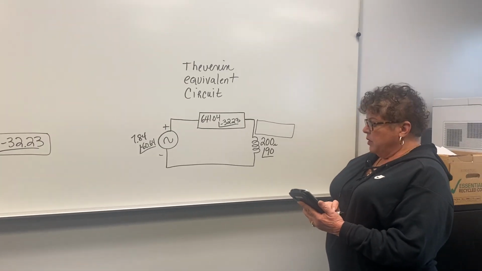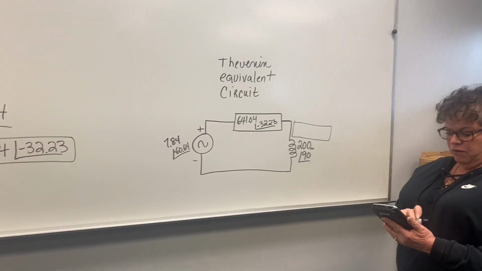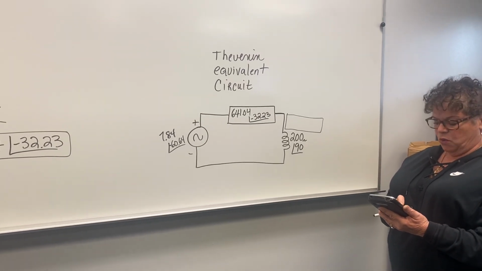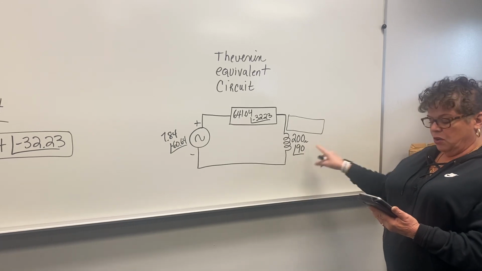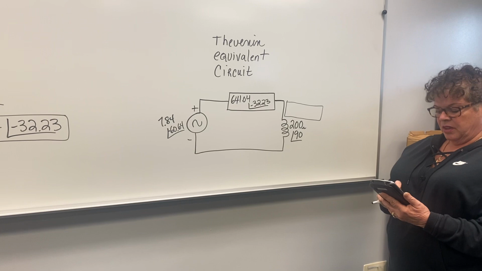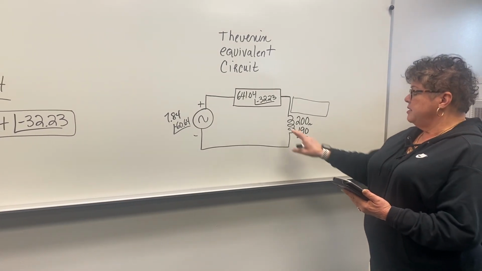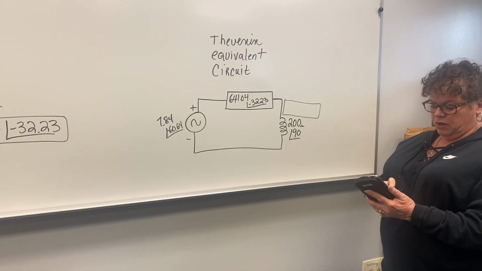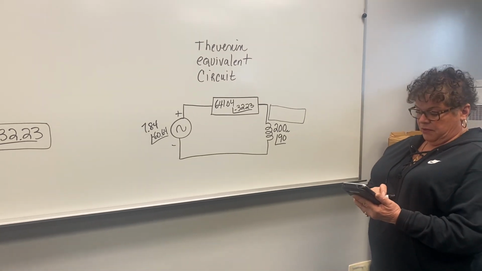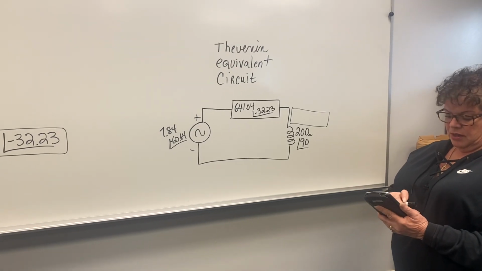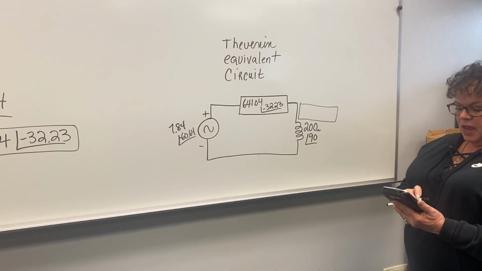We can use 7.84 volts at an angle of -60.64 times the load component, 200, at an angle of 90. And then divided by this plus this, so 641.04 at an angle of -32.23 plus 200 at an angle of 90.